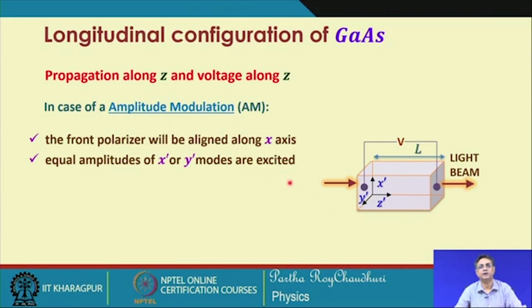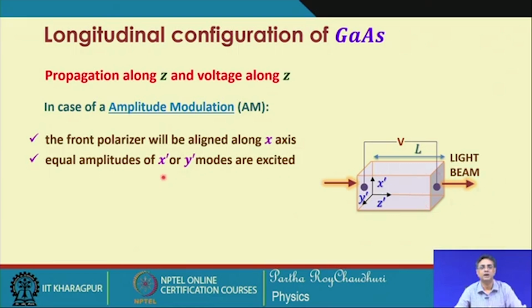So that the moment you apply the voltage, both the components along x dash and y dash will have equal excitation. The front polarizer will be aligned with the x axis, and this will give you 50% of x prime and 50% of y prime when the voltage is applied. That is the philosophy, and then there will be an analyzer at the output of the crystal.